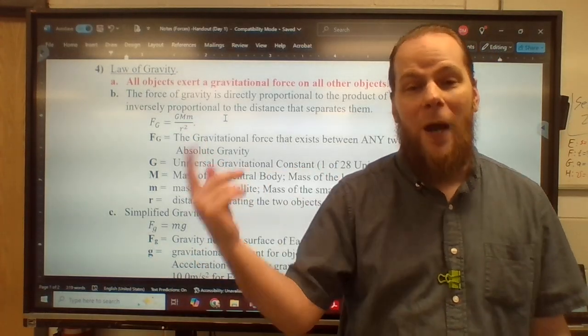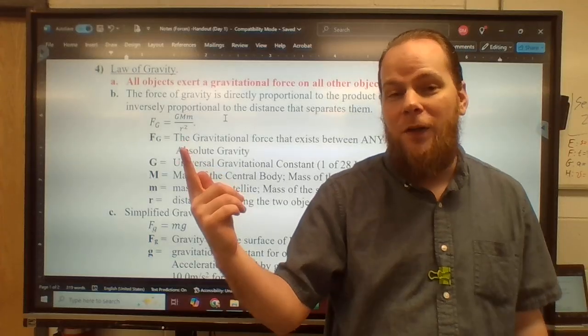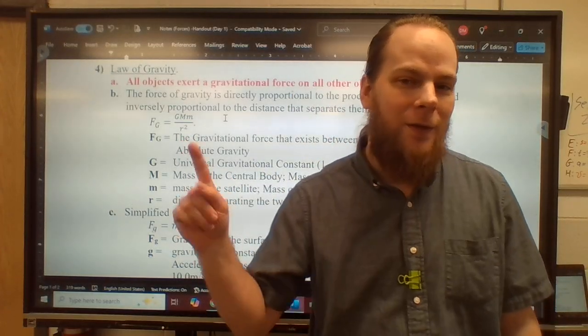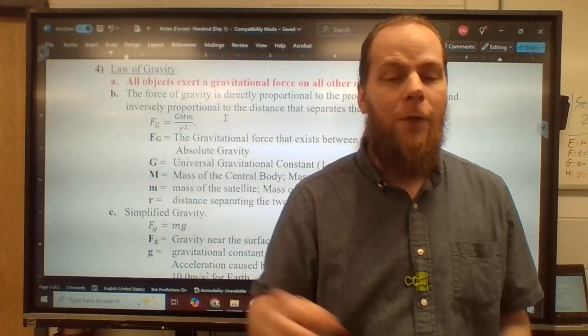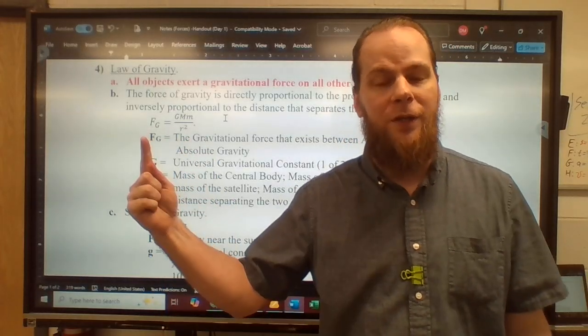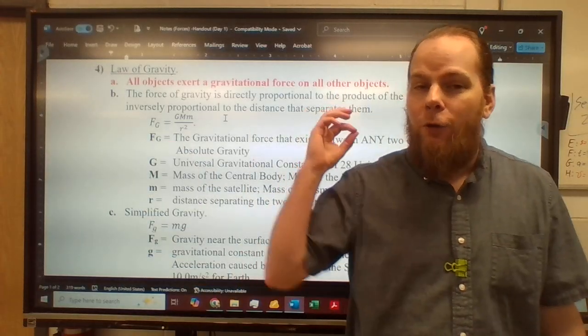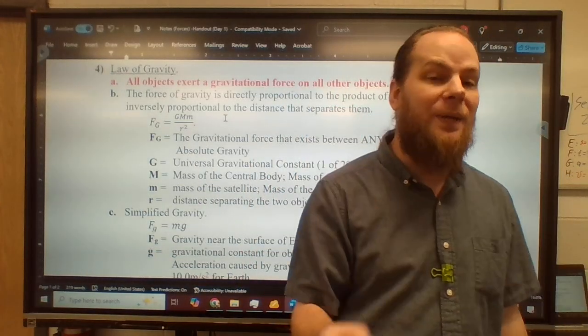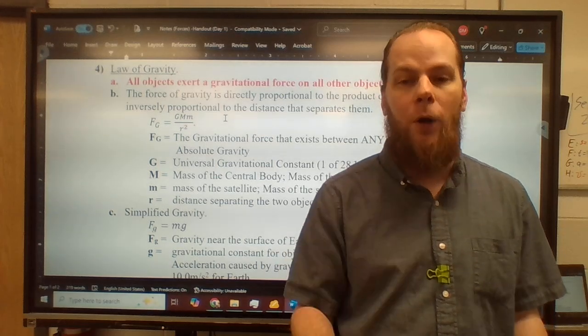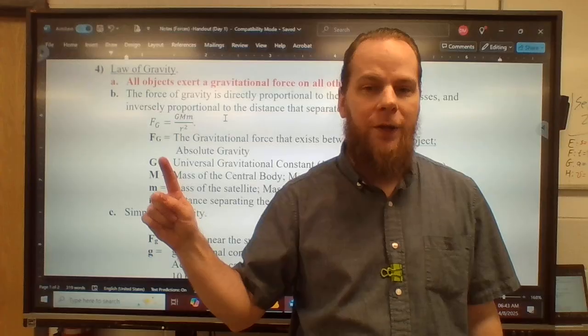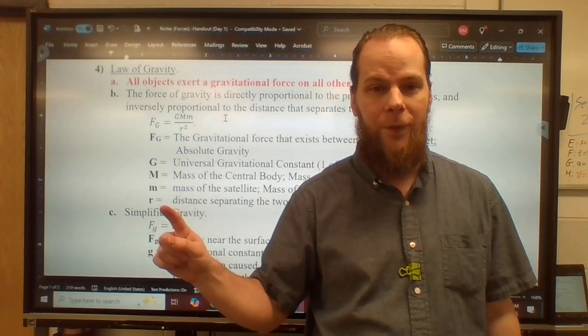Okay, and that is squared, you will notice, meaning that the distance separating them has a much larger effect than the masses do. The farther apart you move something, this gravitational force goes down fast. Okay, gravity decreases rapidly as two things move apart. Okay, you need to know what all these variables stand for.